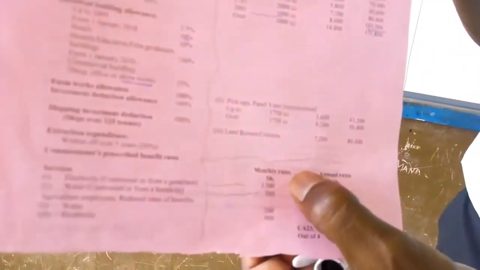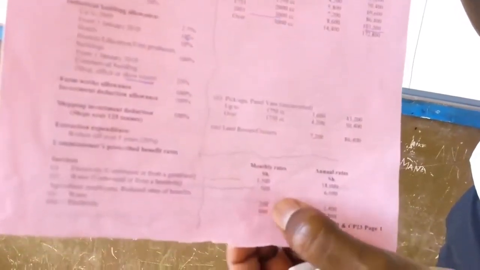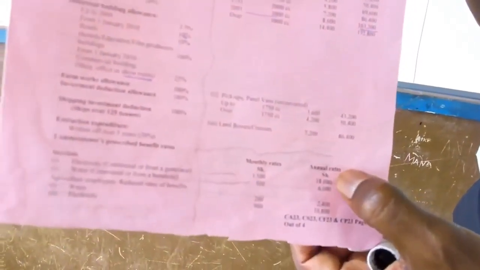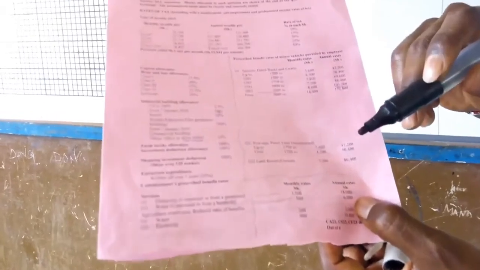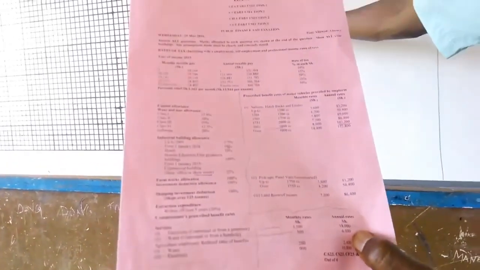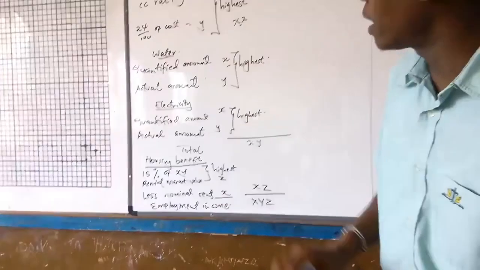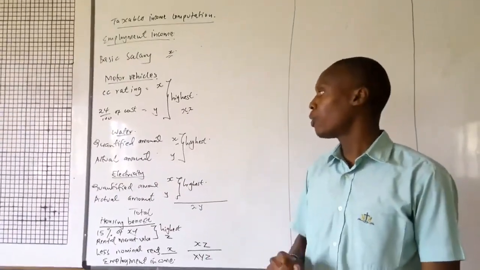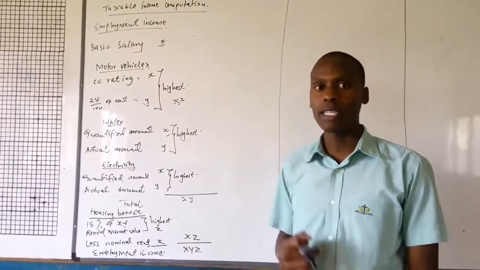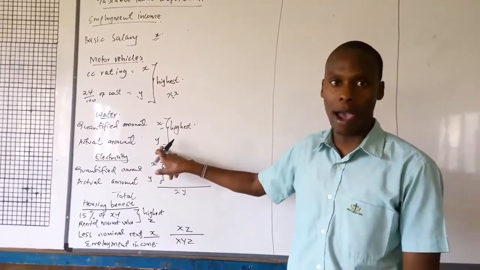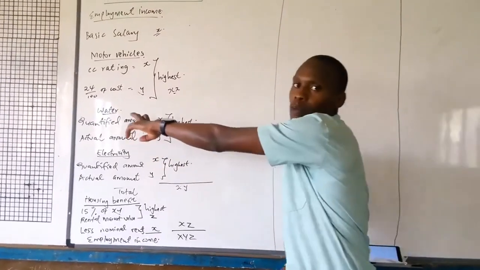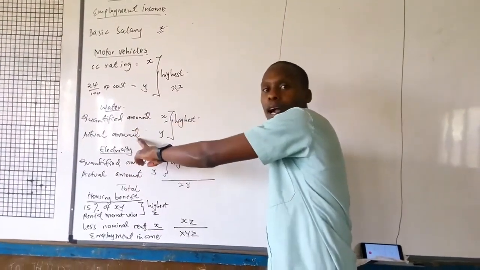We can see that we have water, with the monthly rate, which is 200, and the annual rate, which is 2,400. So in the case of the water, the one at the beginning of the page, you will include it at this particular point as our X. Then you will be given the value of the amount of water which was used in that particular month, which in my case is my Y. So in those two answers, we have the quantified and the actual amount.